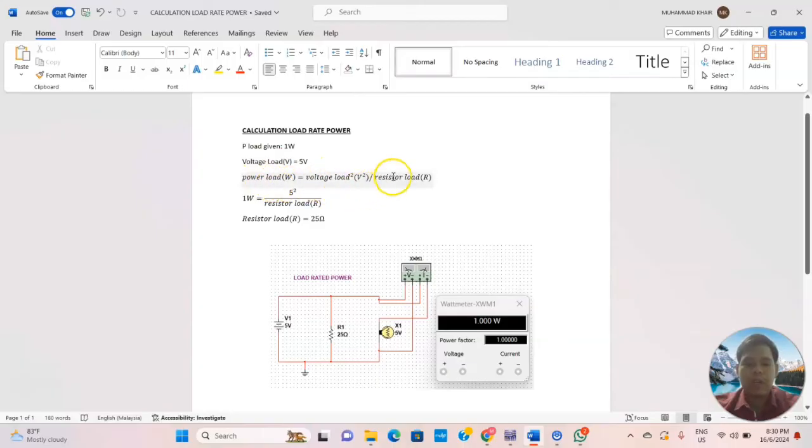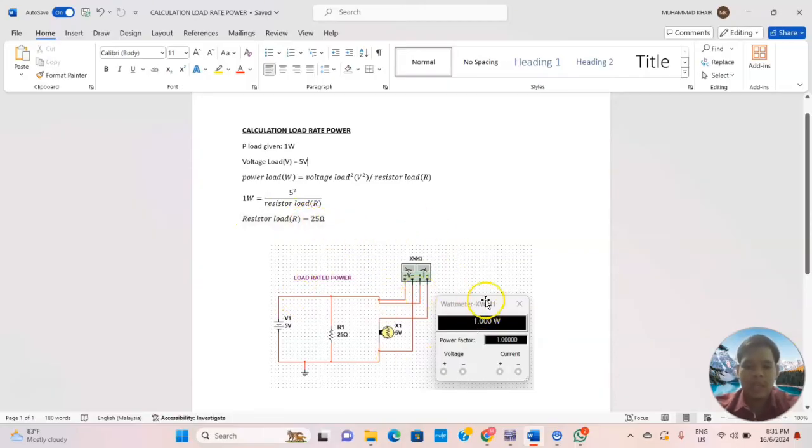For the formula, power load equals voltage load squared divided by resistor load. We put the given values into the formula: 1 watt equals 5 squared divided by resistor load, and the answer is resistor load equals 25.